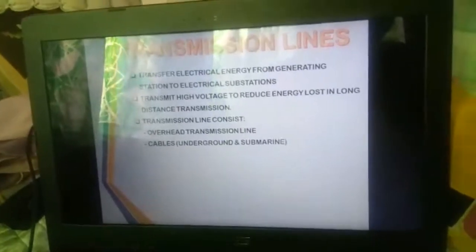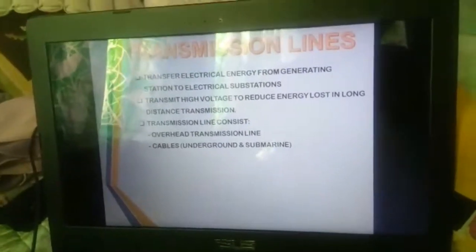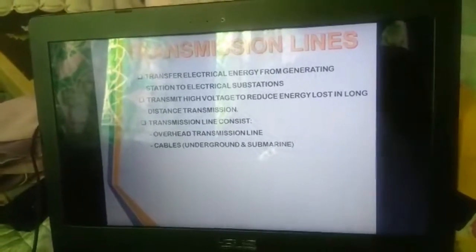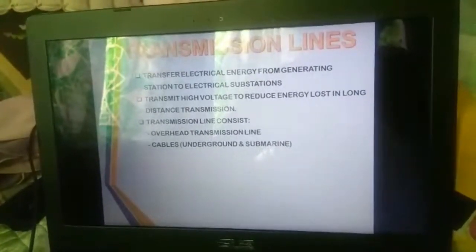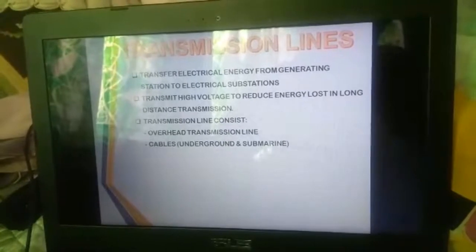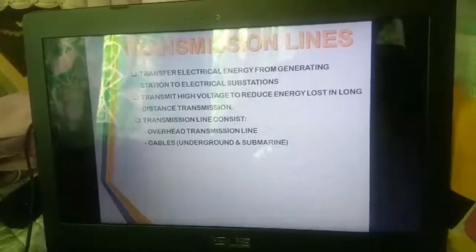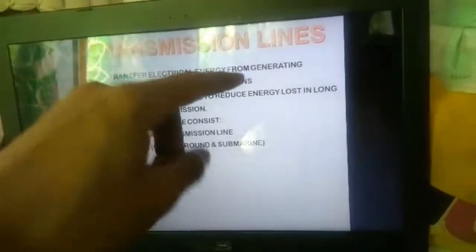And we go to the third part, the transmission line. It is used to transfer electrical energy from the generating station to the electrical substation.